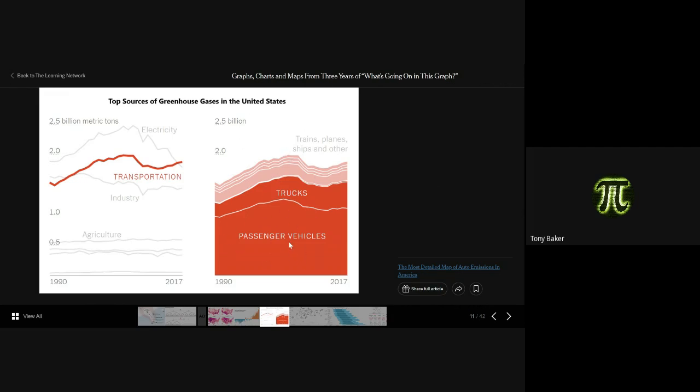So passenger vehicles are the most, and trucks and trains, planes, ships, and everything else is up here. Even though we think a plane uses a lot of greenhouse gases and a lot of gas, there's not as many of them, and they also transport a lot more people than a specific car does. So there's a lot more cars in the United States, and that's where the greenhouse gases come from.